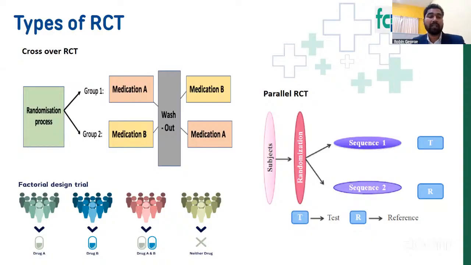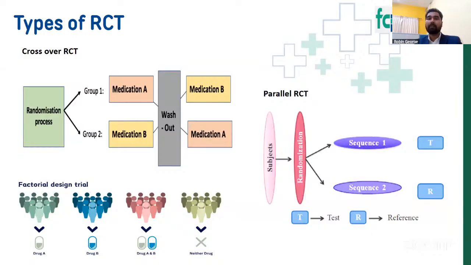Now, coming to what a crossover study is. A crossover study is a two-phase study. Here, we first give medication A, the test drug, to one group. Then, once that phase is over, we give the control drug to the test people and the test drug to the control people after a washout period. The washout period is based on the drug's half-life, the time needed for complete elimination of the drug from the body.